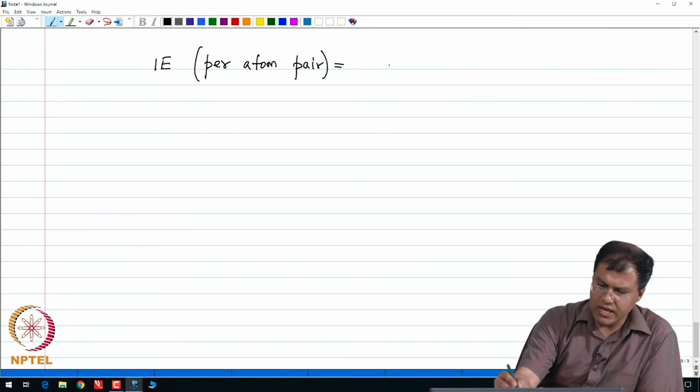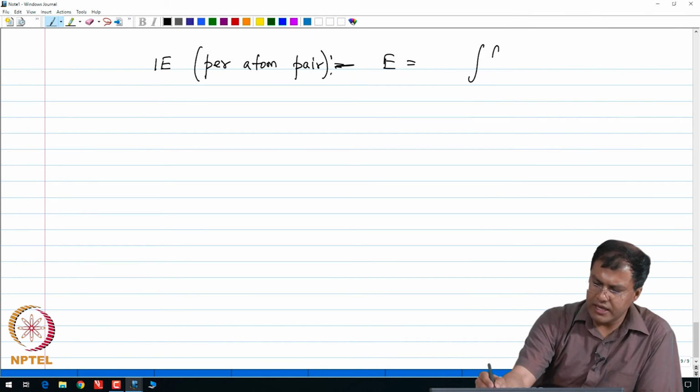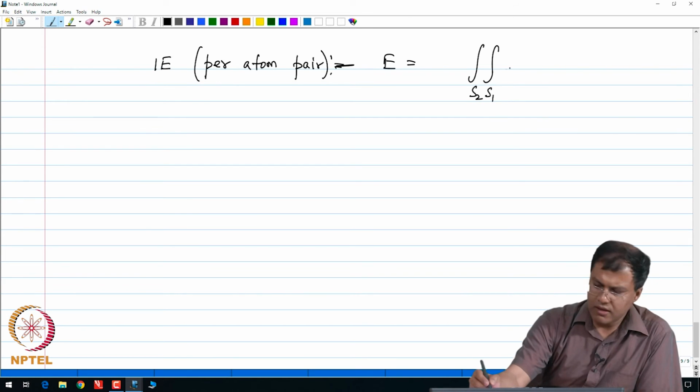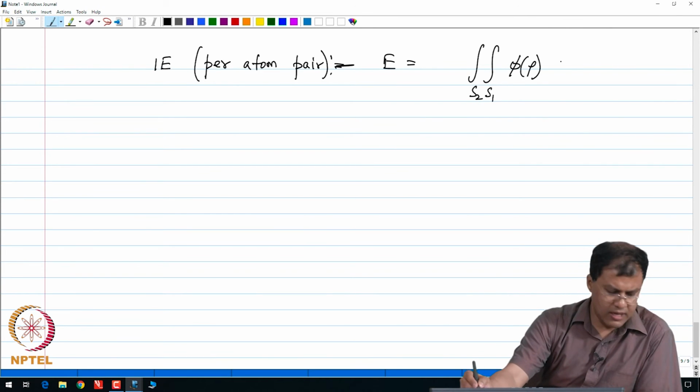So my E is the double integral over surfaces S1 and S2, my atomic pair surfaces, of phi of rho times dA1 dA2.